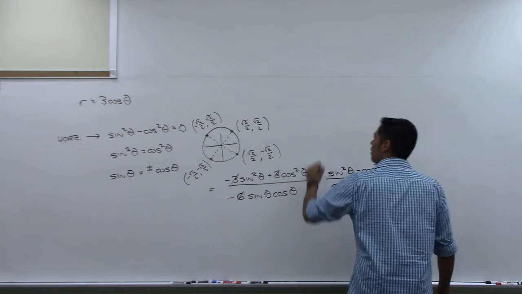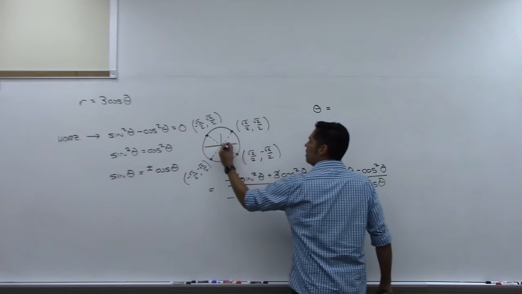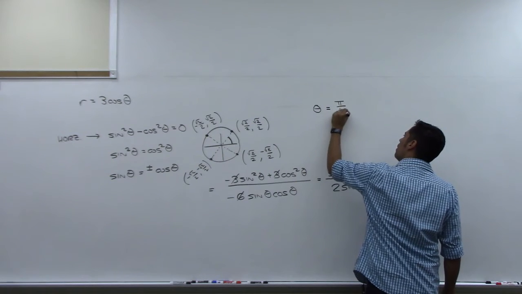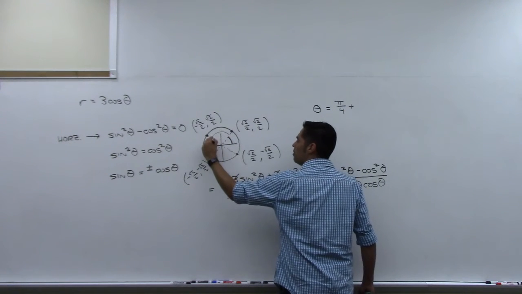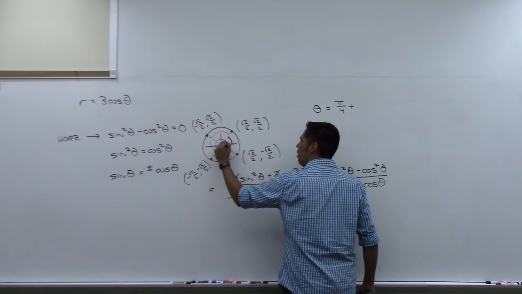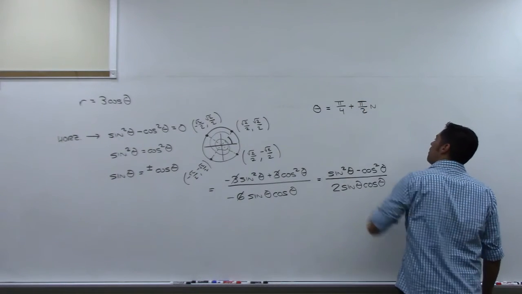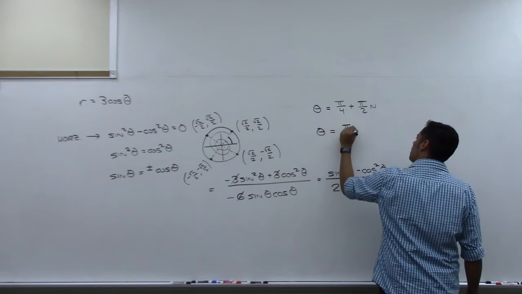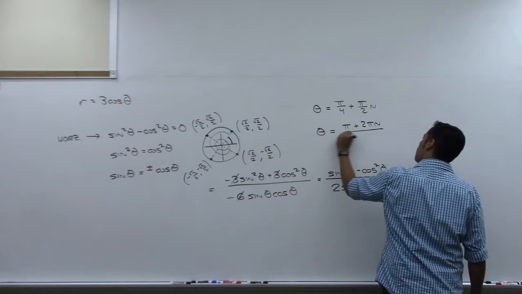So we need to somehow represent these solutions. The solutions are going to look like this. My theta must be this angle right here, which is pi over 4, plus, to get to the next one, I add pi over 2. Then another pi over 2, then another pi over 2, then another pi over 2. So I can get to all of them by just adding multiples of pi over 2. And if I get a common denominator here, I get pi plus 2 pi n over 4.